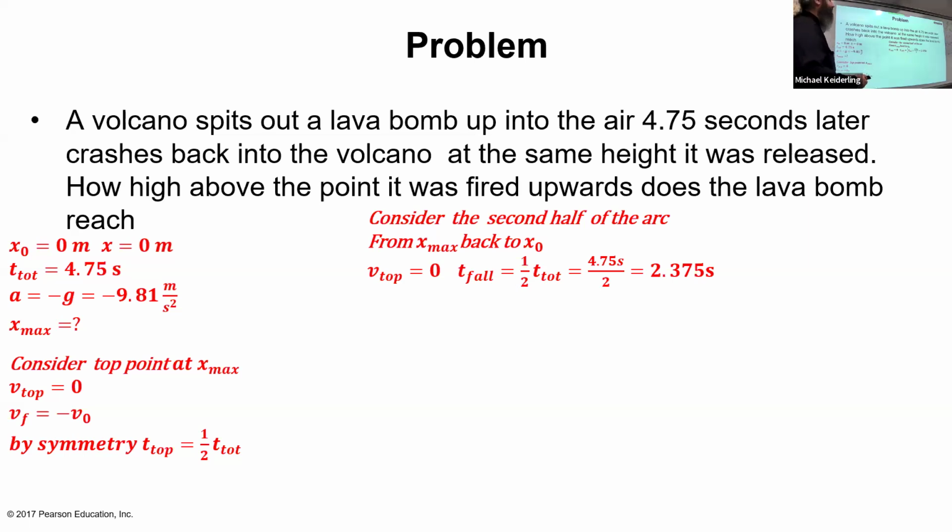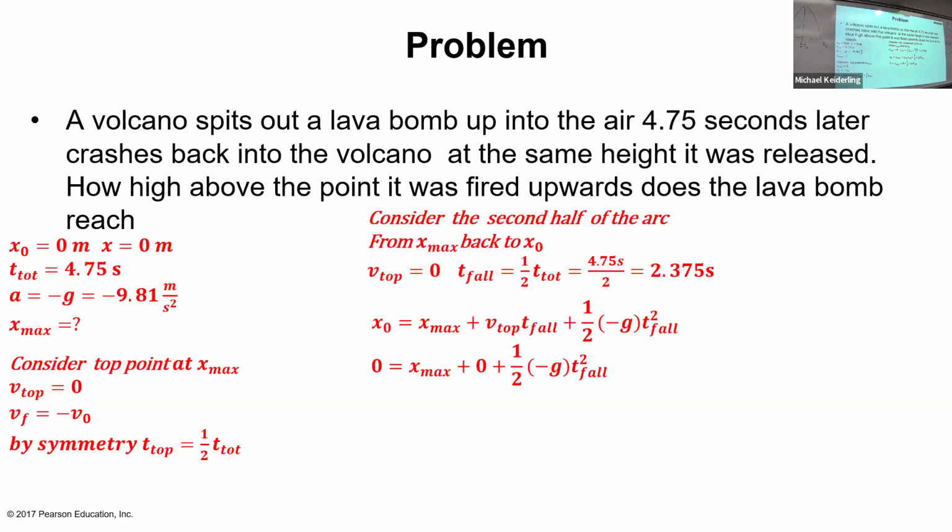Now we can figure out the distance we've traveled using this equation. X naught is X max, our highest height, plus V top times time fallen, plus 1/2 G times time fallen squared. If we solve for X max, we know X naught is 0 and V top is 0, so those two terms go away.